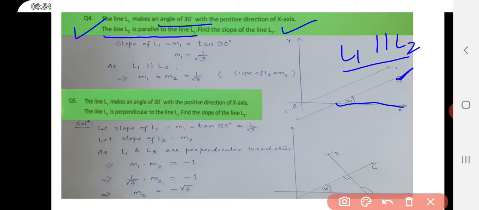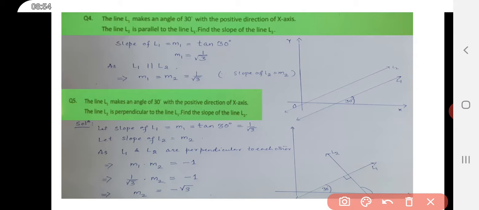So you have to find the slope of L2, and you know that as L1 is parallel to L2, the slope of L1 is equal to the slope of L2. You know this from the condition for parallelism.